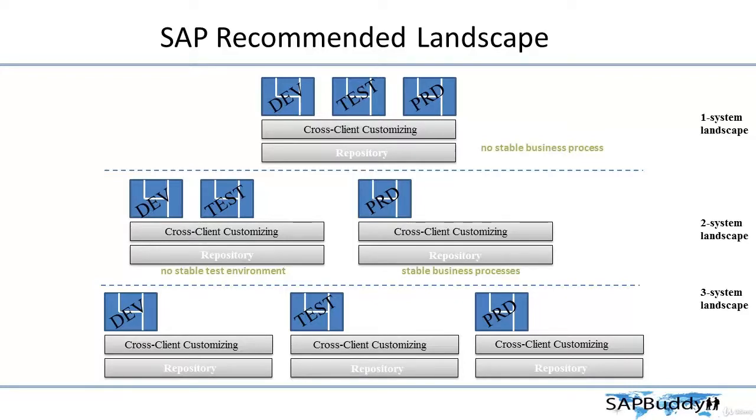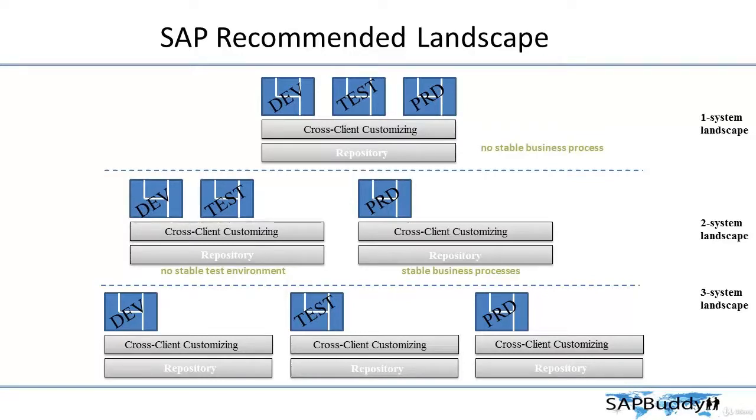In that case, if you are having a change in the development system, once it is fully developed it will be transferred to the test system, and then you test it properly in the test client. At that time, when you are testing, you do not need to do development, so this is feasible. Then you can have development and test in two different clients, and it is possible to transport into production when it is stable in your test client.